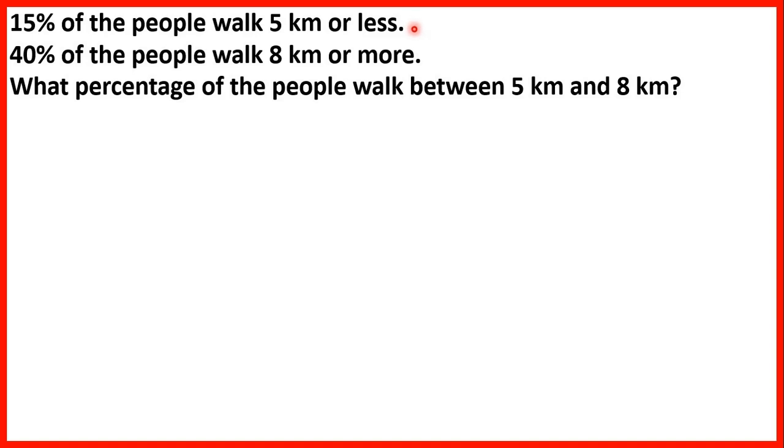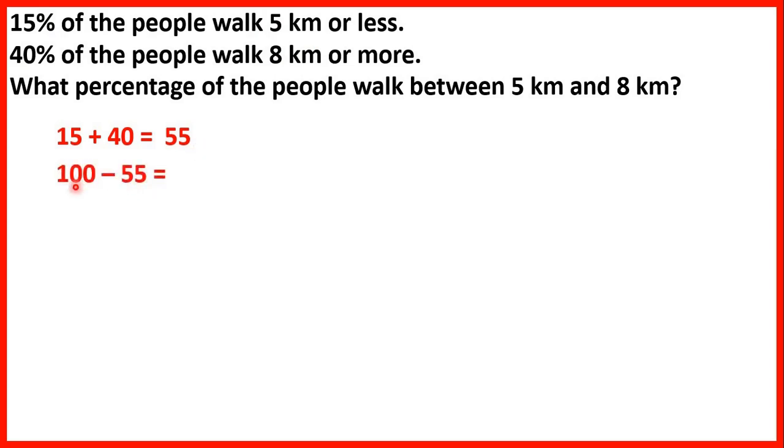15% of people walk 5 kilometers or less. 40% of the people walk 8 kilometers or more. What percentage of the people walk between 5 kilometers and 8 kilometers? So here we just need to remember that percentages need to add up or total 100%. So we know that 15% is 5 or less and 40% is 8 or more, and that makes 55% altogether.